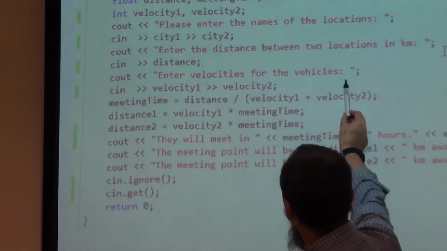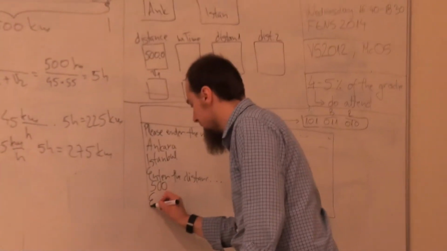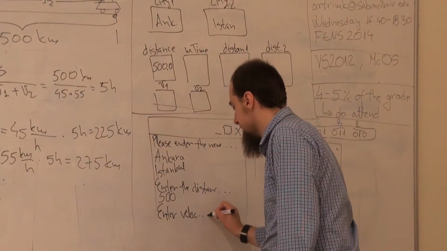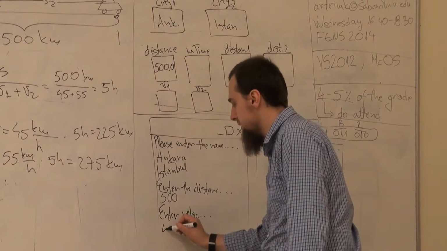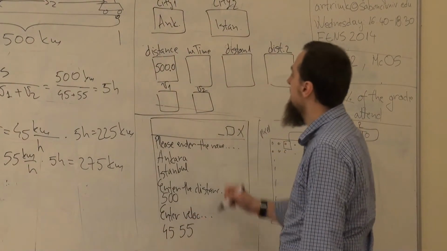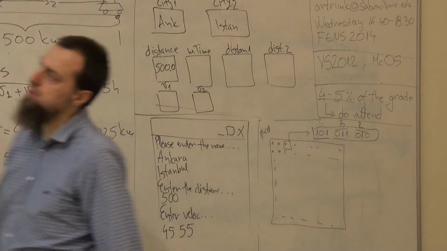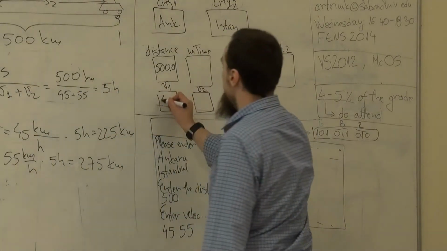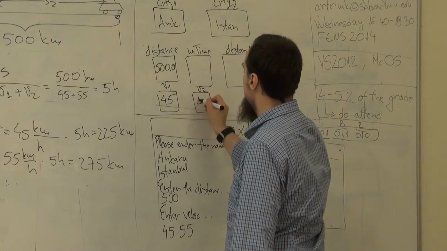And the velocities for the vehicles. So enter velocities. And I'm entering, let's say, 45, 55. So they will be stored, velocity 1, velocity 2 here, 45 will be stored here, and 55.